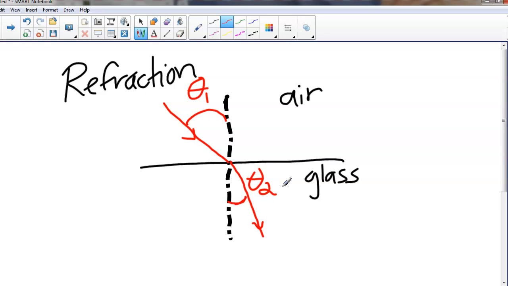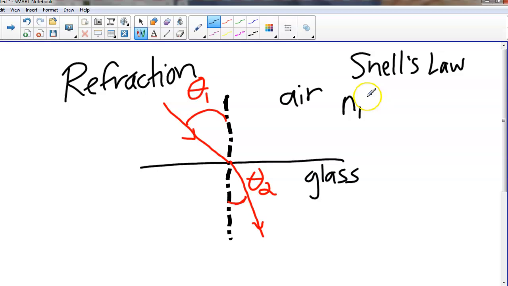And Snell's law, or the law of refraction, tells us that these angles are related, and they're related by the material properties. So n1, the index of refraction, times the sine of that incident angle, theta 1, is equal to n2 times the sine of theta 2.